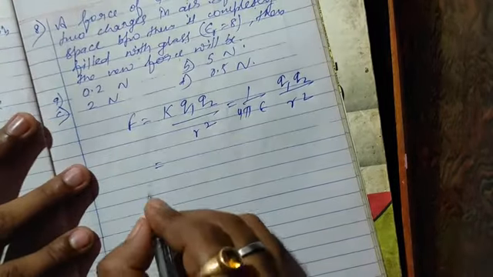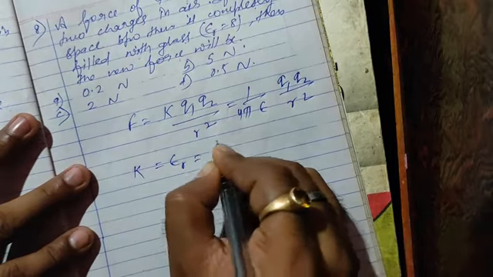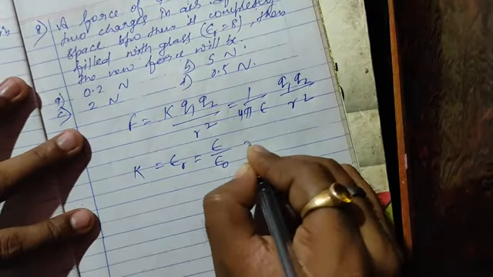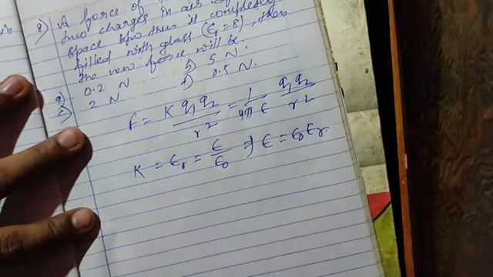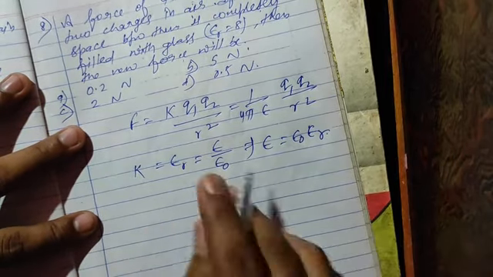Here we know epsilon r equals epsilon by epsilon naught, so epsilon equals epsilon naught into epsilon r.